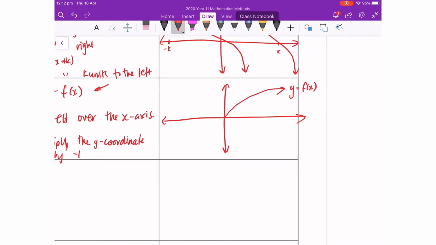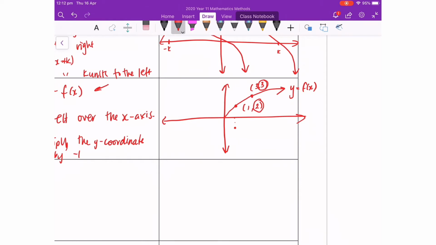So for example, if this here was 1, 2, to reflect over the x-axis, I'm going to multiply my y coordinate by -1, so it becomes 1, -2. Let's plot that: across 1, down 2. That's my next spot. If this was 3, 3, this would be 3, -3.